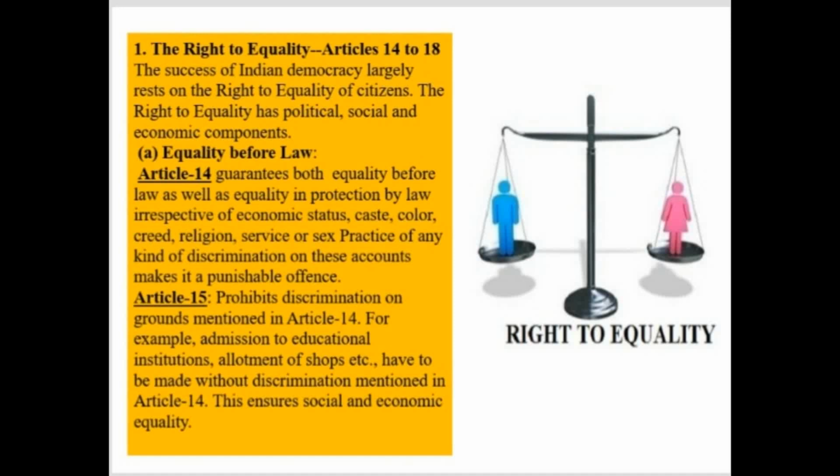Among them, the first one is the right to equality, which is covered under Articles 14 to 18. So Articles 14 to 18 deal with the fundamental right called the right to equality.